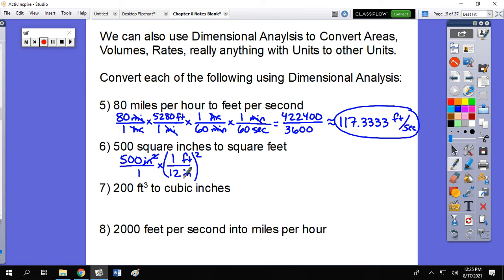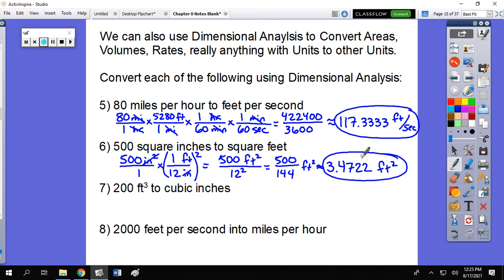This would allow inches squared to cancel and leave us with 500 feet squared over 12 squared, or 500 divided by 144. So we do 500 divided by 144, which is 12 squared, and we get 3.4722. And that next digit is a 2 as well, so we would round down. Try number 7 and 8 on your own, and then resume the video to see how you did.